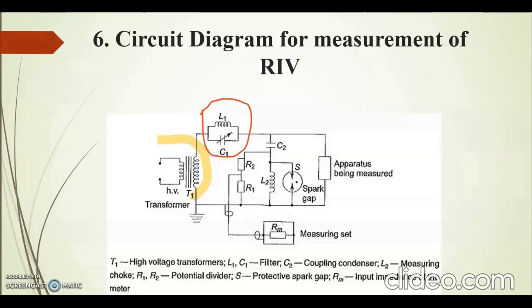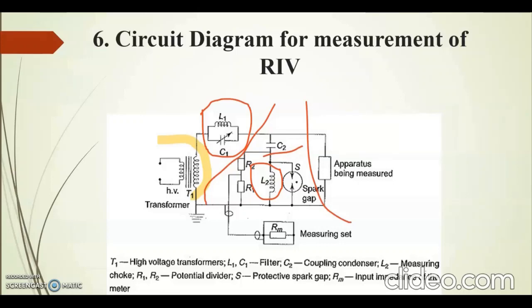As the high frequency signals are produced here, they will be reflected towards the inductor, this L2. Now this C2 will act as a coupling capacitor, that is, it will couple. Suppose this is the whole input side and this is the load side, that is the apparatus being measured.